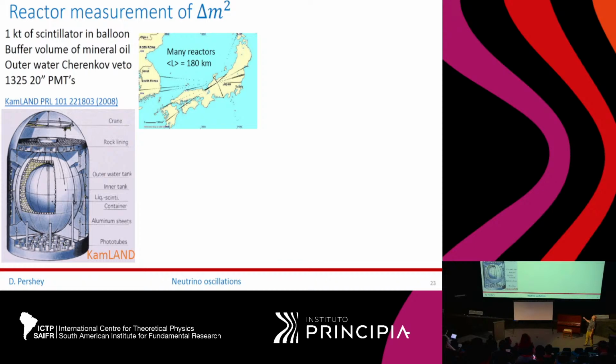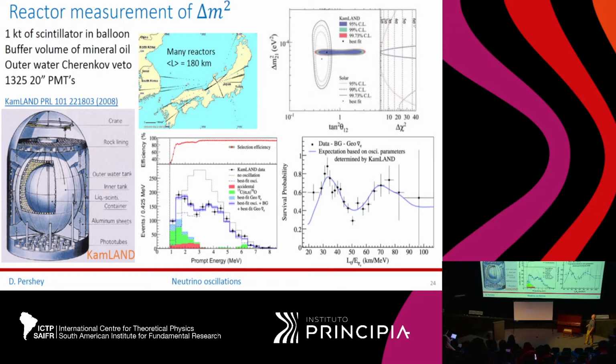If you go to the Japanese Alps, where the KamLAND experiment is, there aren't any nearby nuclear reactors, so there's really just a ring of reactors at about 180 kilometers plus or minus some band. And so you basically have a bunch of neutrinos shot at your detector with a common baseline. And from there, we can measure the frequency of oscillation in terms of L over E, and use that to determine with good precision what the delta M squared is.